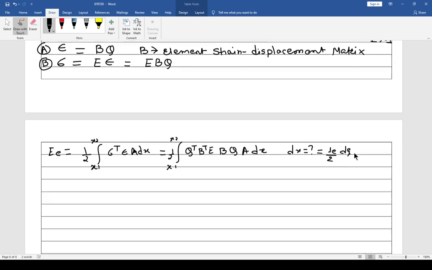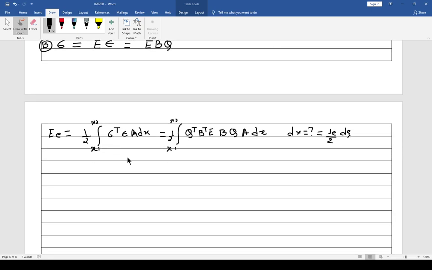Le by 2, okay, le by 2 d xi, and therefore now my limit will change to 1 by 2 integral from -1 to 1, Q transpose B transpose E B Q A le by 2 d xi, where my B matrix is 1 by le [-1 1].